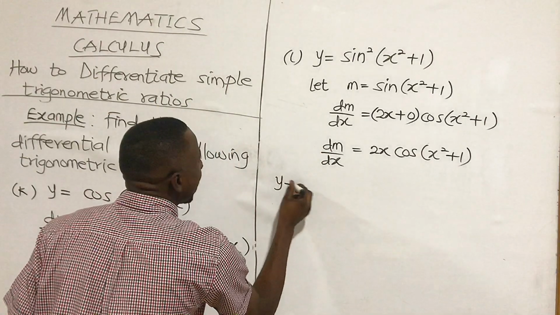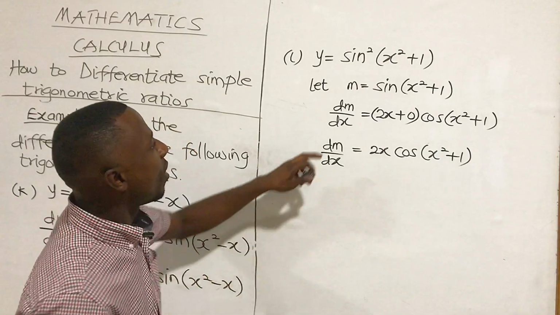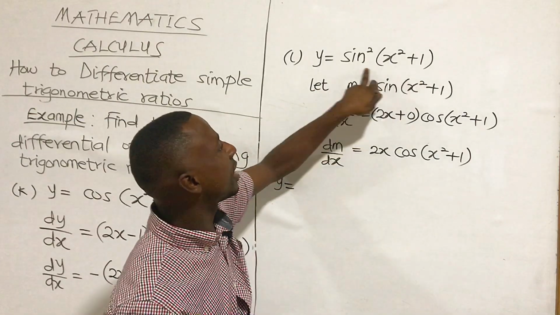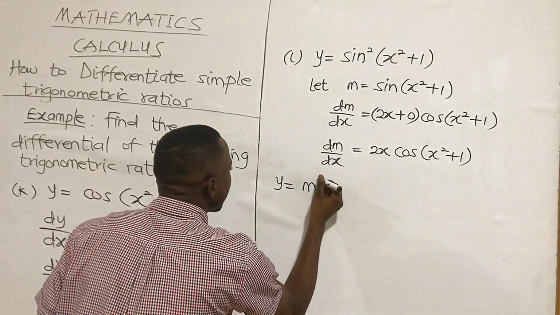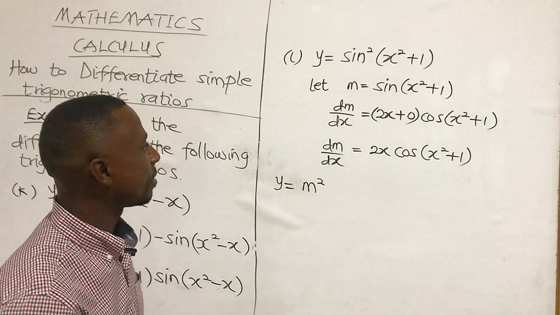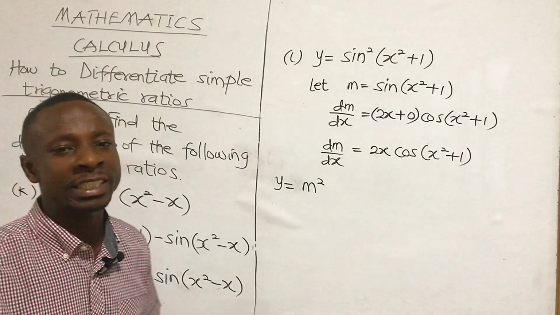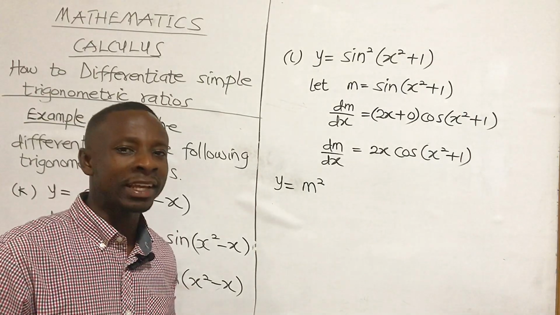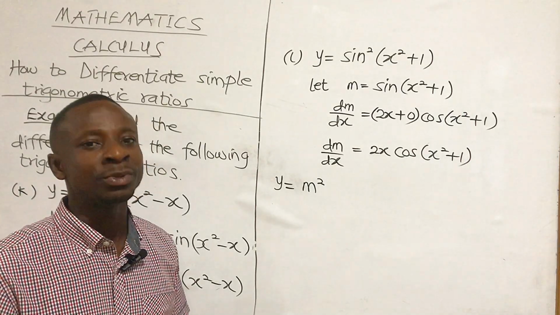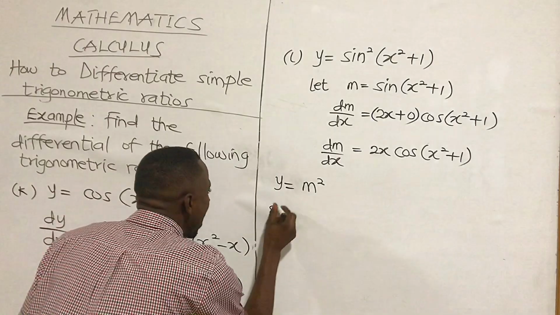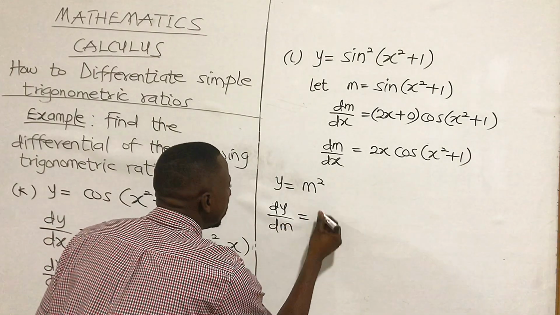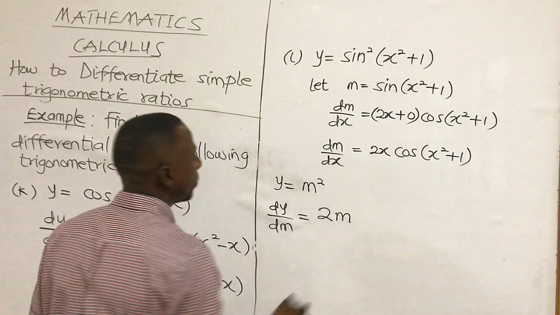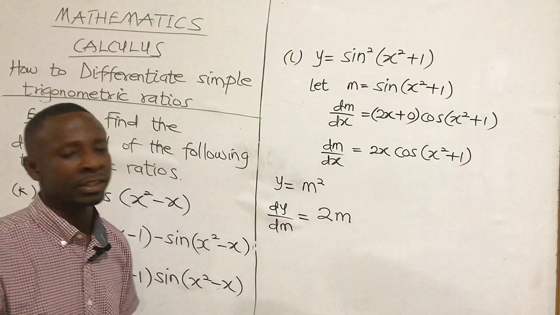Then my y is going to be, I represented everything here by m, so m squared. Then from here, I have to differentiate my y with respect to m. So I have dy over dm to be 2m, and this will be the differential.